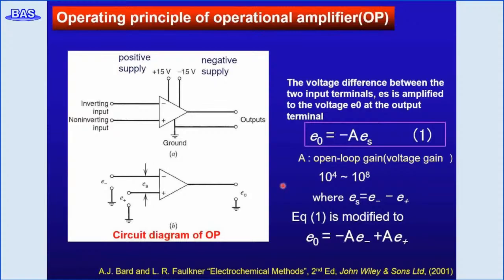The device requires two supplies, one at plus 15 volts and the other at minus 15 volts, relative to the common circuit point defined as the power supply ground. For the input and output connections, one side of the output is connected directly to ground.